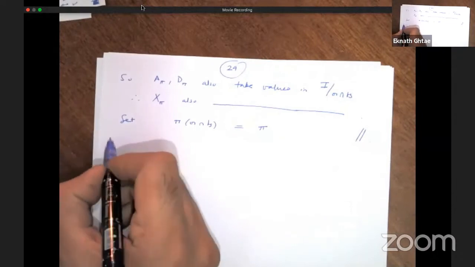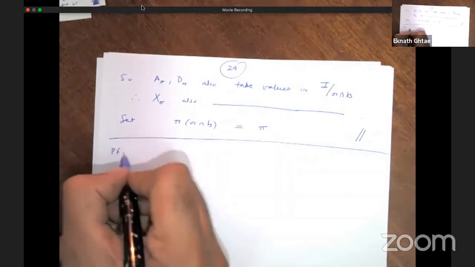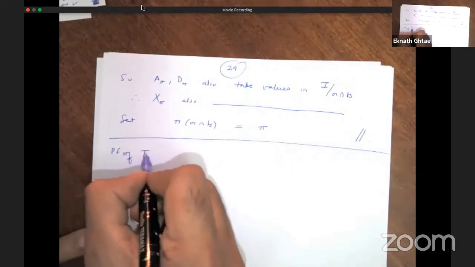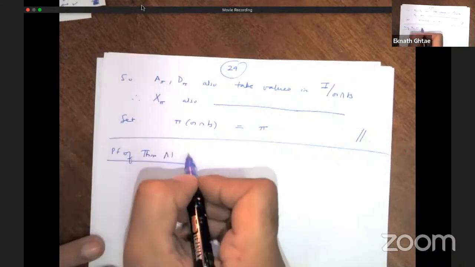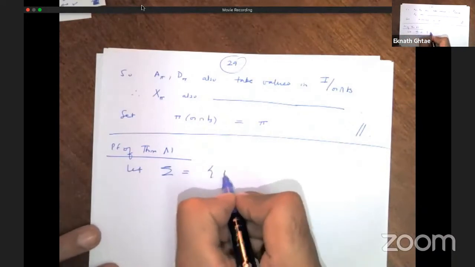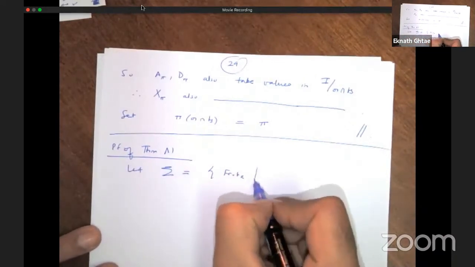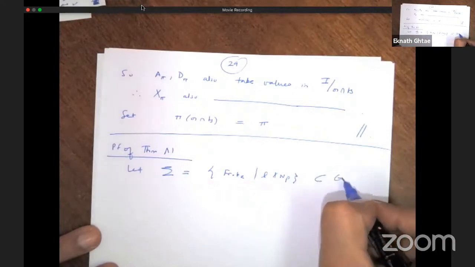So now, with all this stuff, we can finally give a proof of the theorem, the construction of the Galois representation, the Lambda-adic Galois representation. Proof of theorem, lambda 1. Okay, so let sigma be the Frobenius elements. This is our dense set in which we're going to apply the patching lemma. I'll go a little fast now.